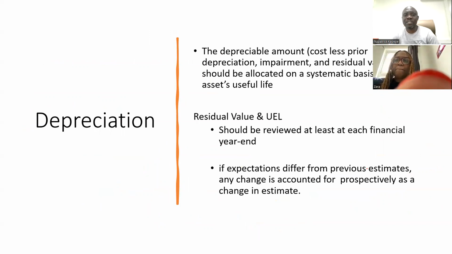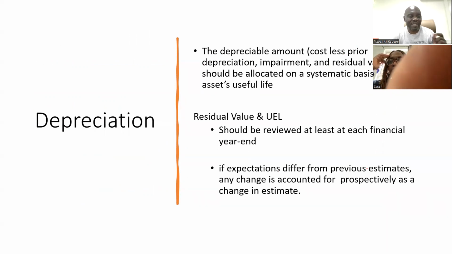Okay, so this is basically on the depreciation. I think I've already explained allocating it on a systematic basis, and the natural reason why depreciation is included in your income statement as a cost, the depreciation charge.